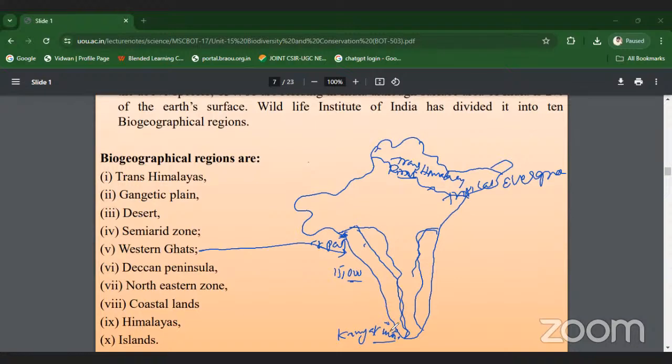The altitude ranges from 200 to 2,700 meters, with rainfall up to 700 centimeters. In that area there are mainly sholas. The remarkable feature of the Western Ghats is the presence of shola trees, which are remnant patches of evergreen vegetation along the folds of the Nilgiri hills. The famous Silent Valley is here.